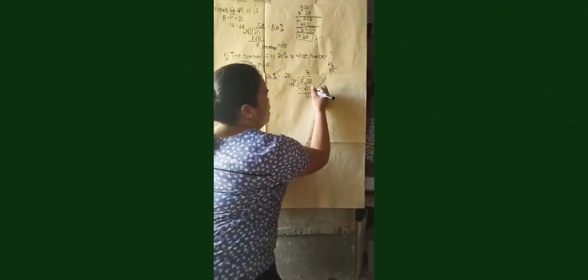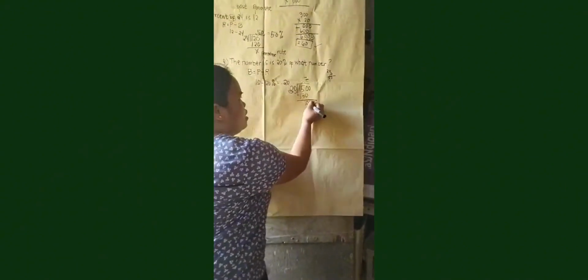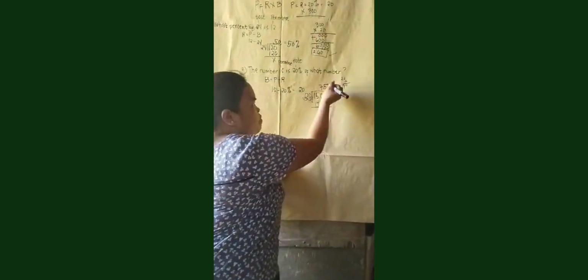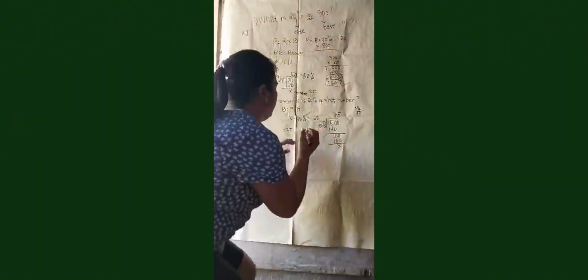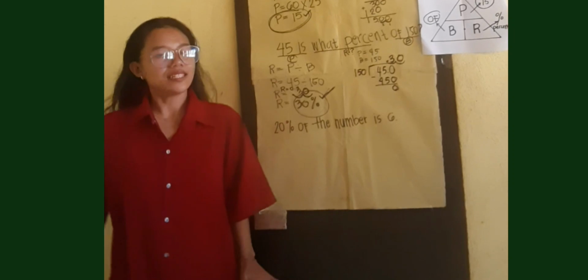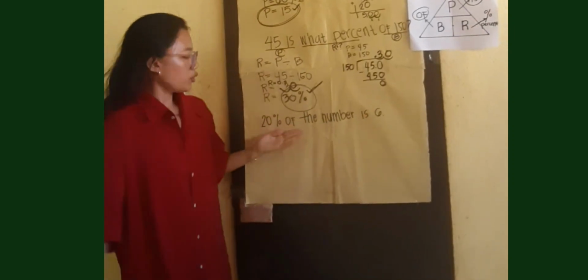So, mag-add tag 0 again, and then bring down the 0, then 100 divided by 20 is 5. 5 times 20 is 100. So the answer is 75. Therefore, 75. Here is the answer. 75. Okay, class. So, another example ha.